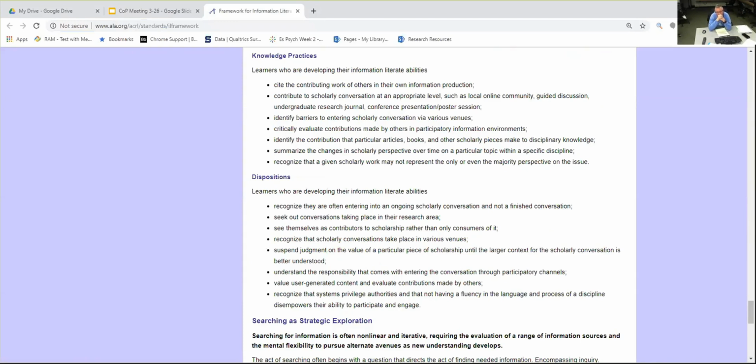One of the things I'm starting to have them do is go back and actually, I send them to this website and I have them read this and reflect on how the assignments they've just completed tie to this framework for information literacy.